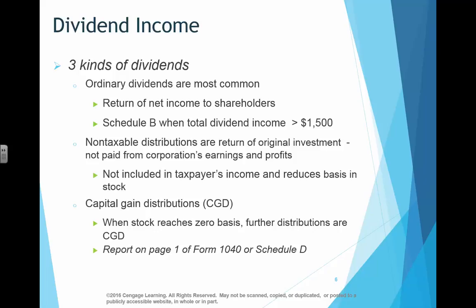These are reported on page 1 of the Form 1040, where it says capital activity. Or if you have other capital activity, like I bought and sold other stocks and bonds, it goes into Schedule D. So process what I'm saying here.